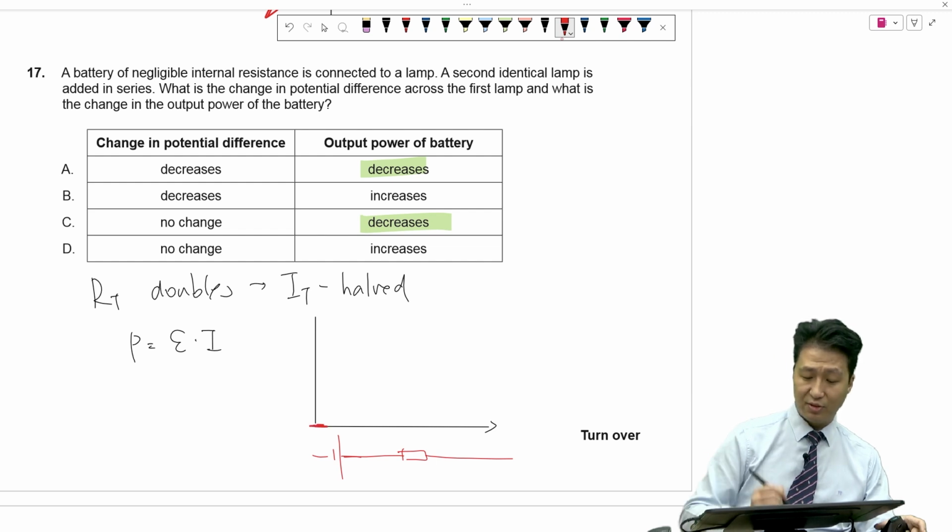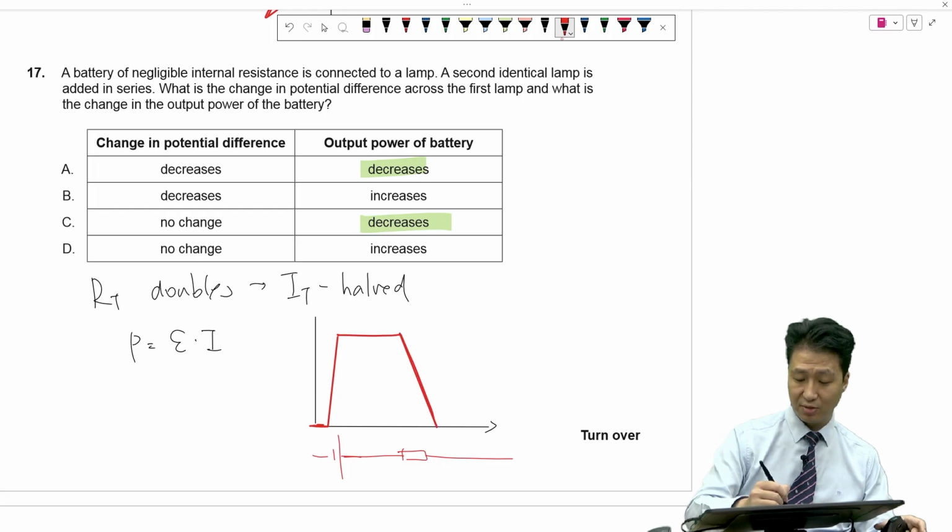Well, first you have 0 voltage, the battery increases the voltage, goes up. Now the voltage drops when it meets a resistor, so it goes down like that. That's a big drop. In fact, the drop in the first lamp is equal to the EMF if nothing else is connected. And what happens if you add a second lamp?